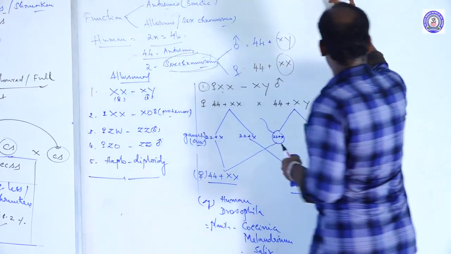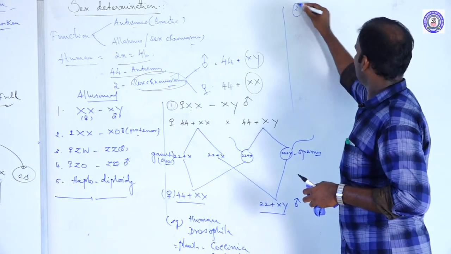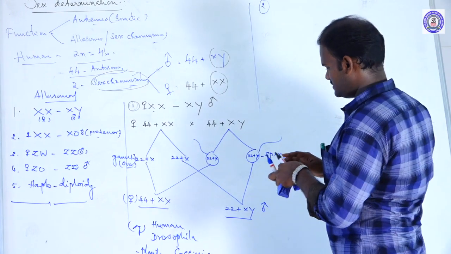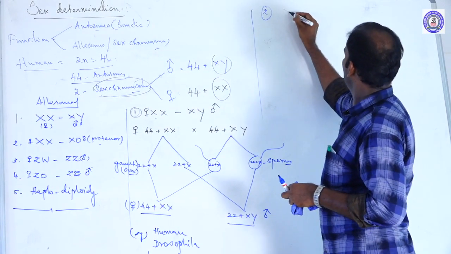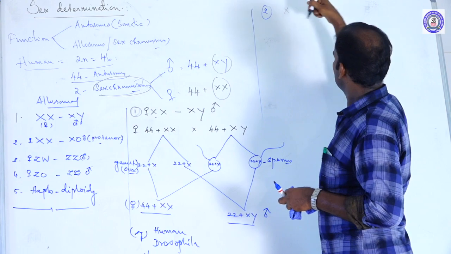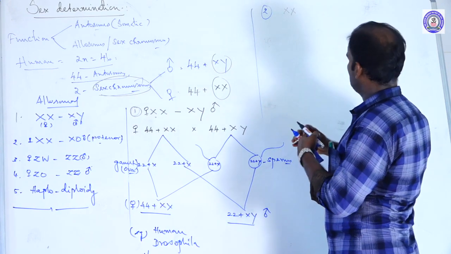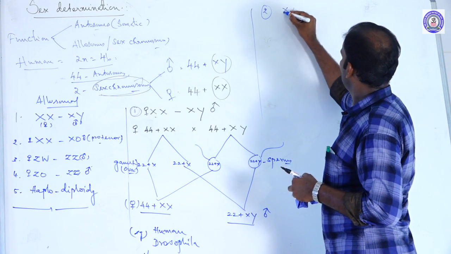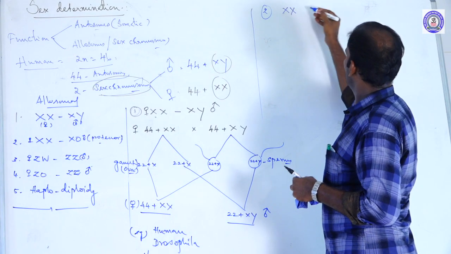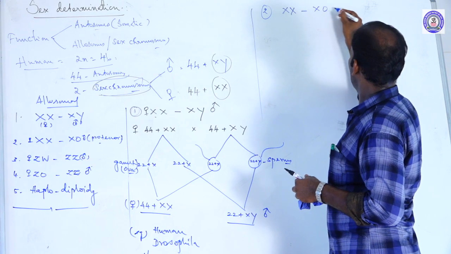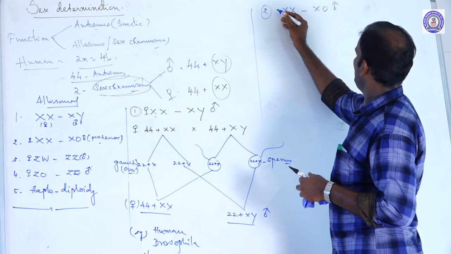So the second type of sex determination: XX, X0. X0 is male, XX is female.